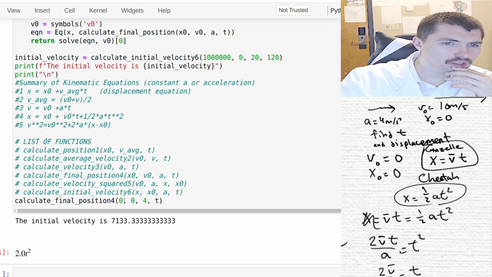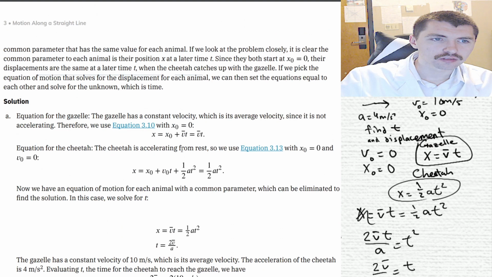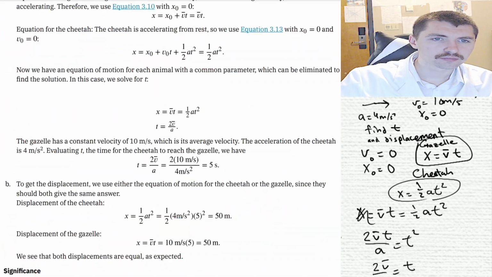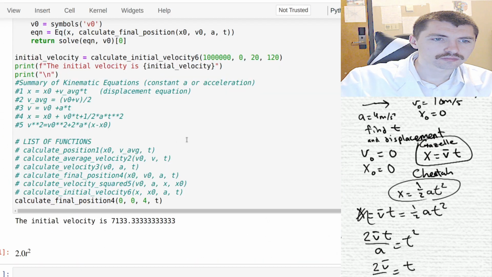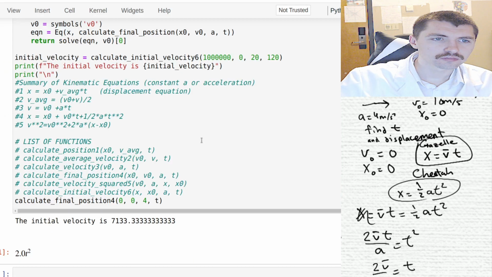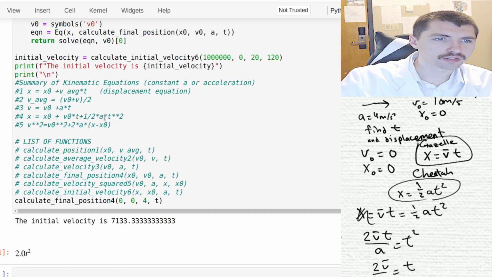Ah, x naught, v naught. Theta, we use the one with 1/2, so we use equation 4.